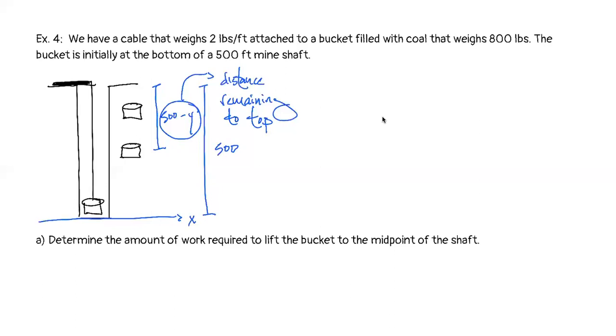The 500 is important because it tells us the worst case scenario. We have 500 feet to go, but as we go, it should get a little easier because we have less distance to travel.